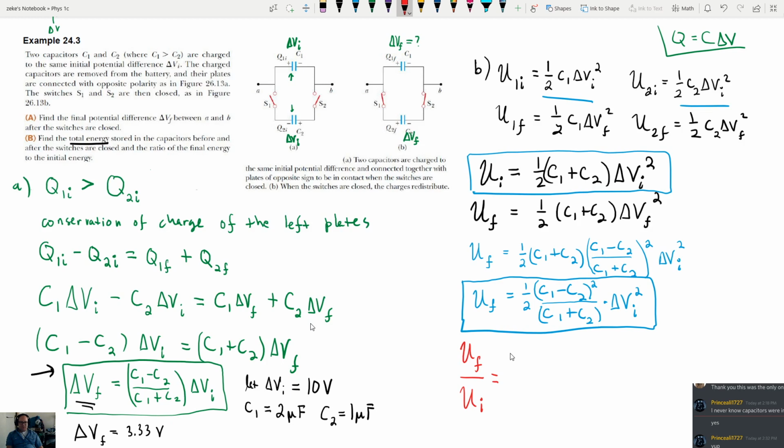So on the numerator, we're going to have, okay, that's U final, and then U initial is this one.